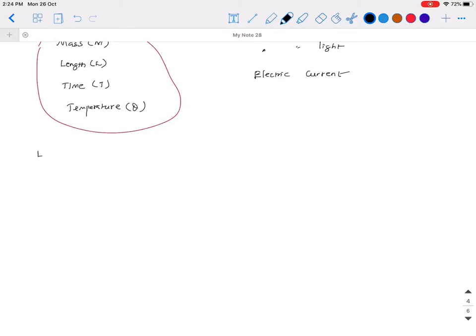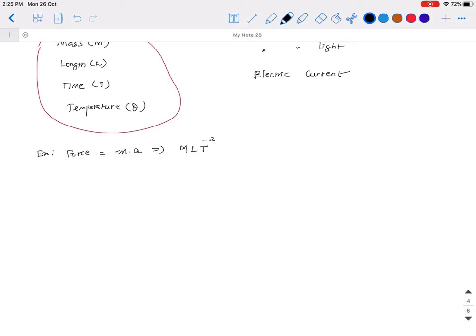For example, let's start with force. We say force is mass times acceleration. The dimension of mass is M, and acceleration is L T^-2.